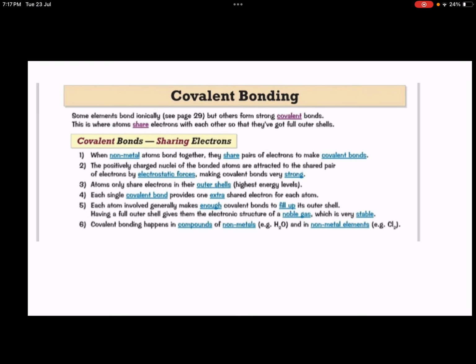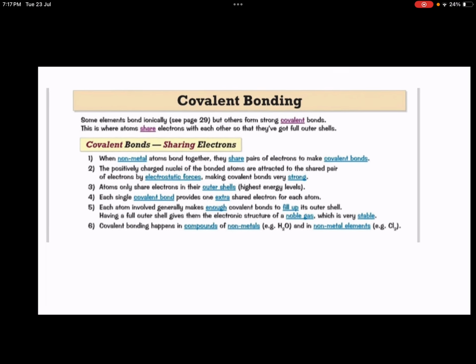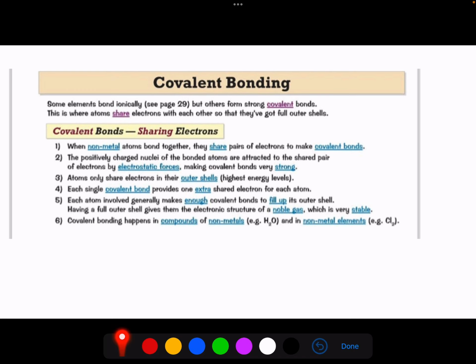To highlight what I just said: covalent bonding is about sharing electrons. This usually happens between nonmetals.